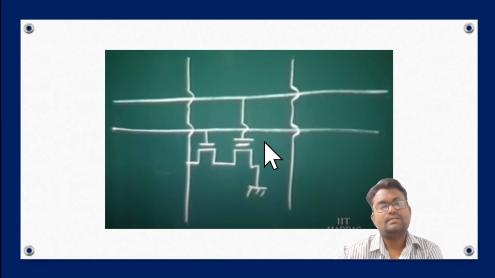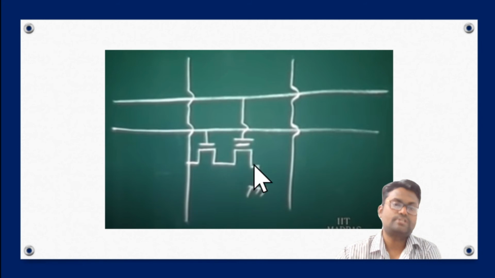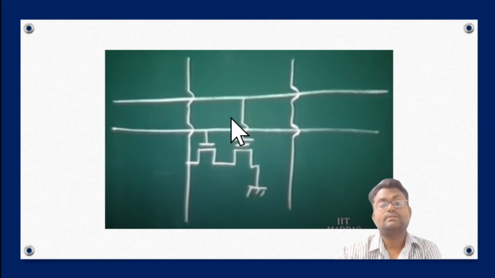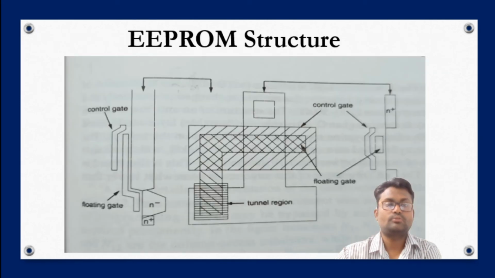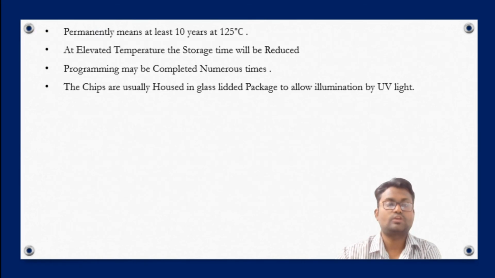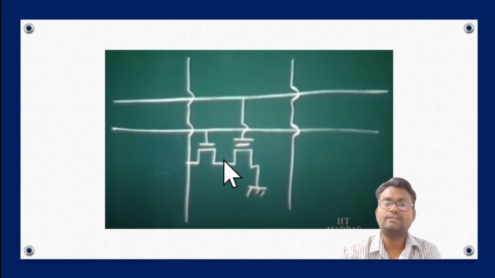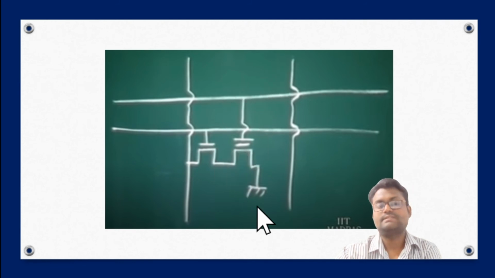Now we know that the floating gate avalanche metal oxide semiconductor has a very high threshold voltage. So at normal voltage it is not in the conducting stage. When we provide a very high voltage, only at that time is it in the conducting stage.